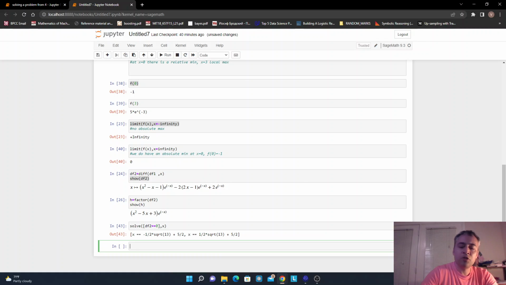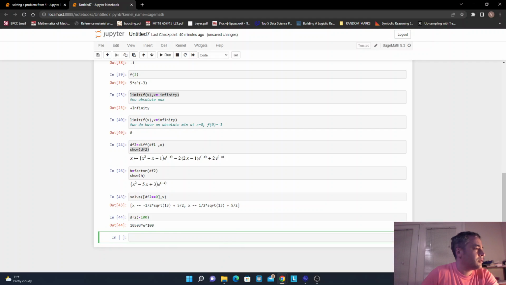The easiest way to do it is maybe to see what's happening at minus infinity. So limit of the second derivative. Instead of actually taking the limit, maybe I should plug in a value. Okay, change of plan. df2 of minus 100. Let me see what that is. That is positive.